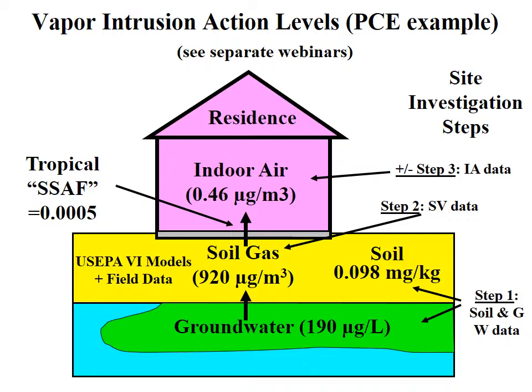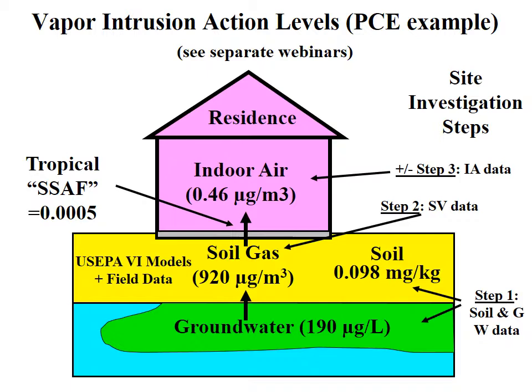Here's an example of PCE. So let's assume a residential development. Again, here's our indoor air action level, 0.46 micrograms per cubic meter. The next step in a site investigation, the first step really, is to test the soil vapors immediately underlying the slab of the building. So for the action level for soil vapors immediately under the slab, we divide the indoor air action level by a subslab attenuation factor.